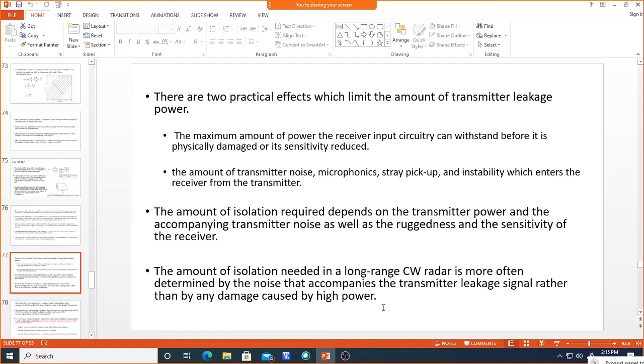By using high transmitter power, this transmitter leakage signal will damage the receiver sensitivity, and due to the high power the probability of damaging the circuitry will be high. Okay.